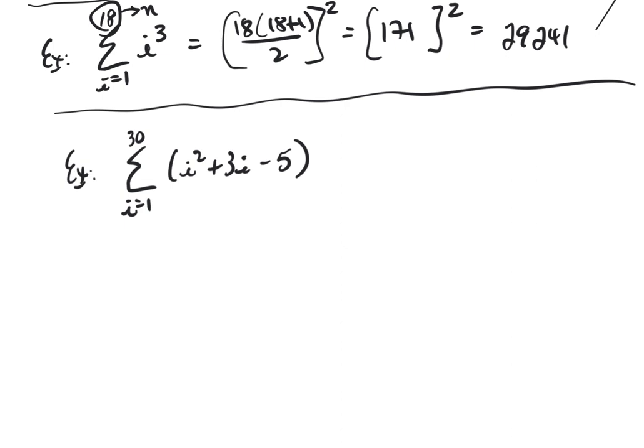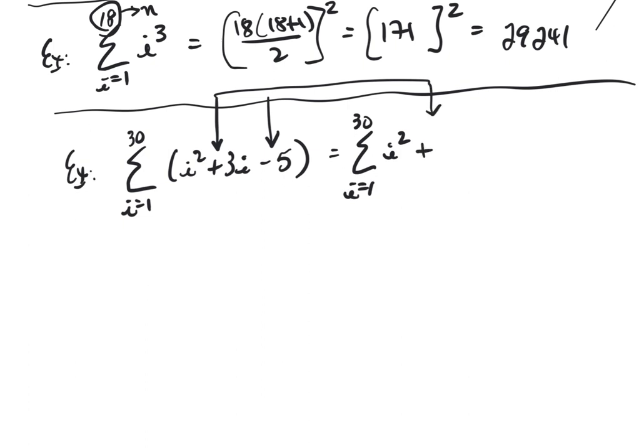Okay? The idea is now combining multiple rules. First, we have the summation of a plus. We also have minus going on. So technically, one of our properties says that this would then be equal to the summation from I equals 1 to 30 of the first term plus the summation from I equals 1 to 30 of the second term.